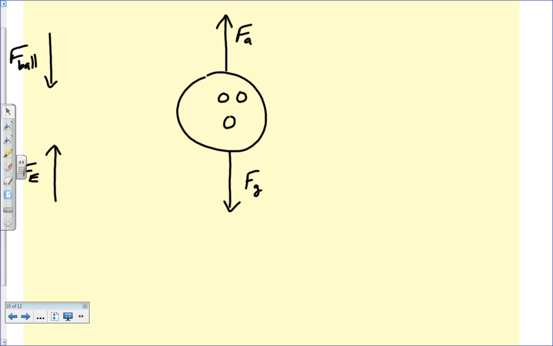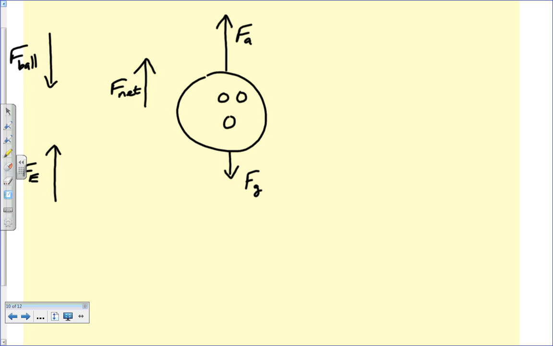The force that the ball applies on the earth, we ignore. And as I said, as long as you pull upward with a force that's greater than the force gravity is pulling downward with, there will be a net force upward, and the ball will accelerate upward.